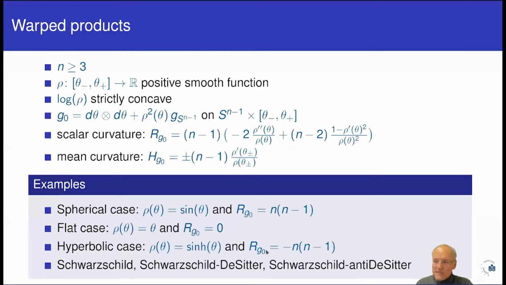And these three examples all embed into a one-parameter family of metrics known as the Schwarzschild for the flat case, Schwarzschild de Sitter for the spherical case, and Schwarzschild anti-de Sitter for the hyperbolic case, which also can, in principle, be written in such a form. But the warping function will not be very explicit if you do that for those metrics.